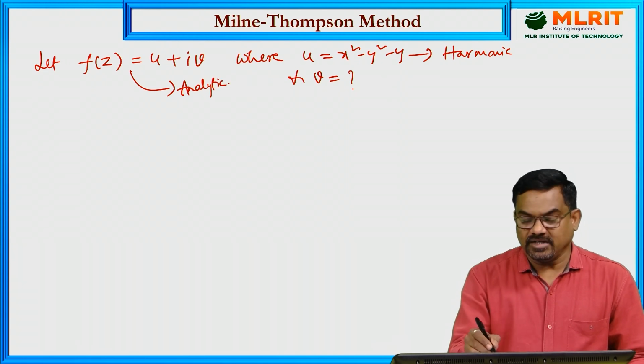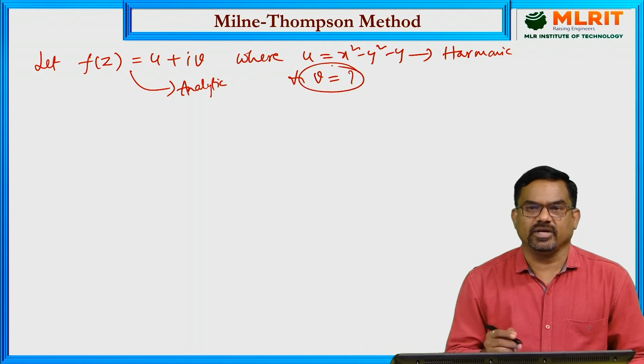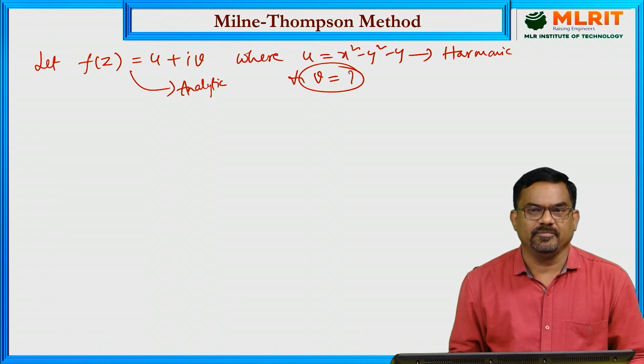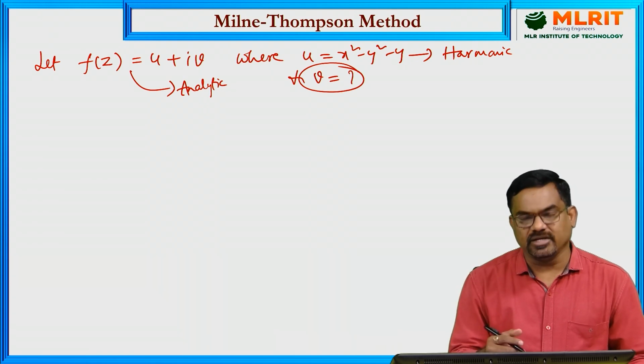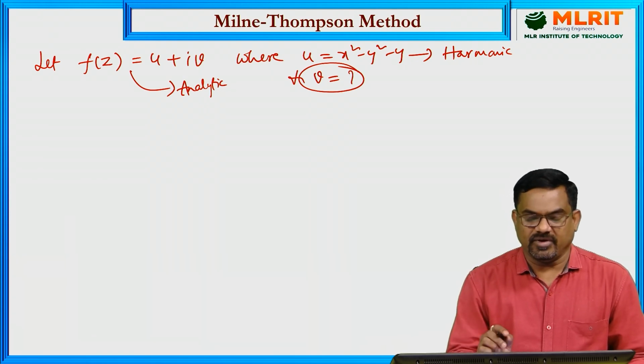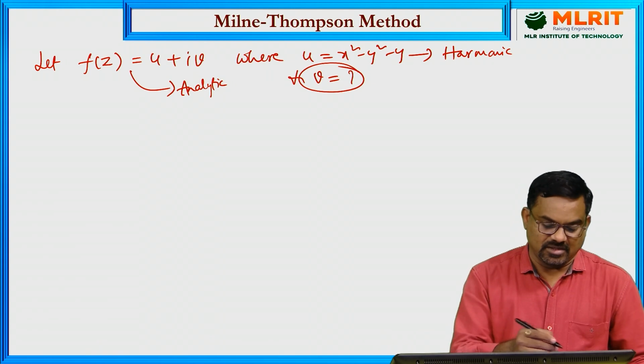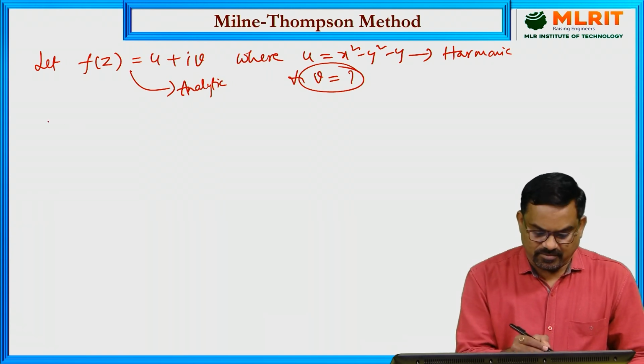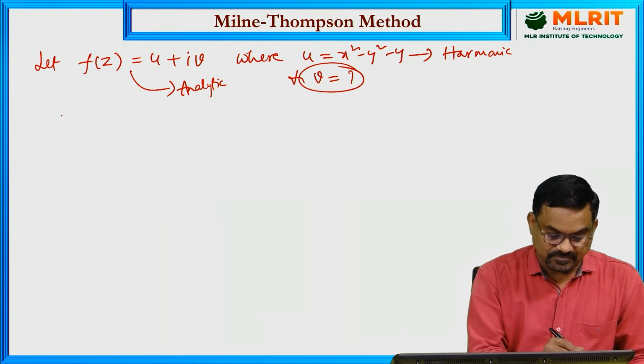So to find this unknown function, again we can use the previous Milne-Thomson method, or else by direct integration method also we can evaluate this v. So let us apply that Milne-Thomson method first.